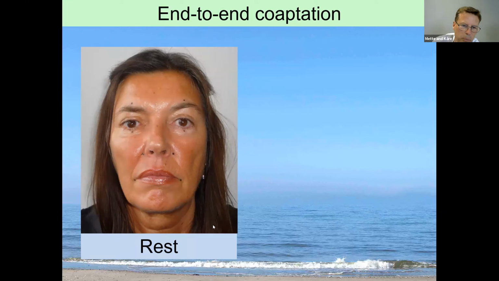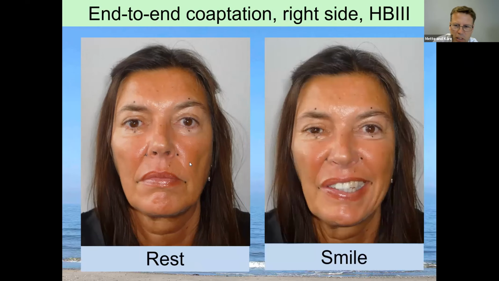The lady has a facial palsy, and I'm sure you will guess that it is on either side. I don't know if you can see which side it is. I perhaps would guess on this side, but then I would be wrong because it was actually on the other side.